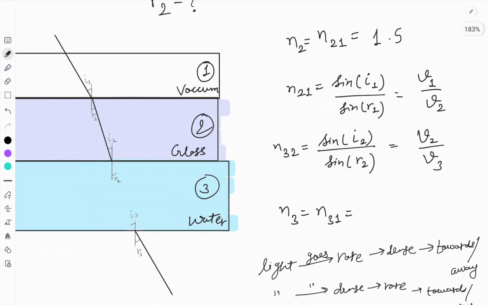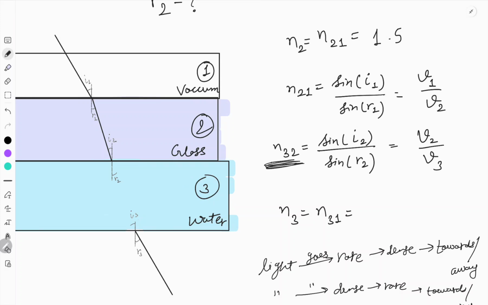And to find the refractive index for this particular phenomenon, light going from glass towards water, we'll write N32. We'll write N32 to see, optically speaking, whether water is denser or glass is denser.